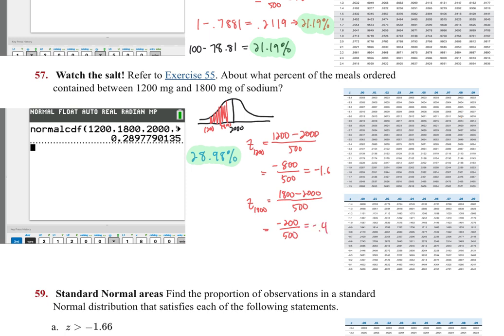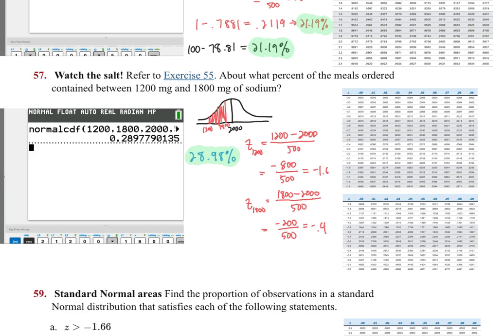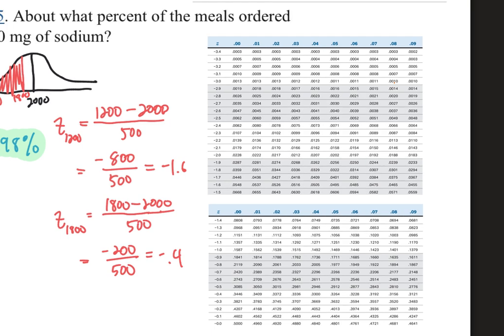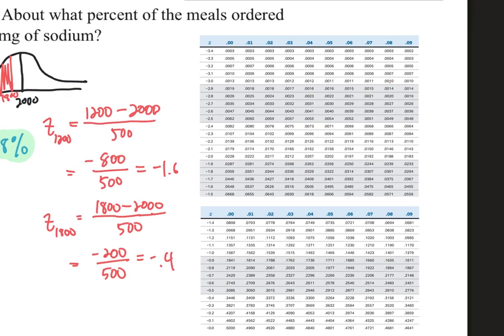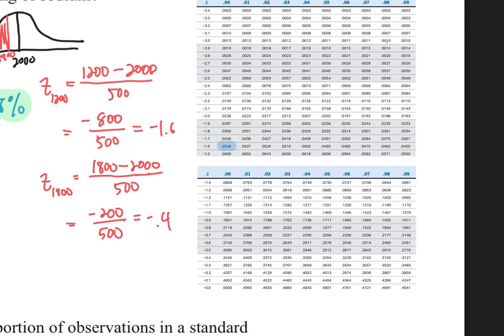Okay, and then for each of these, we'll go to table A. Okay, so for the negative 1.6 z-score, we'll find negative 1.60. So we're looking at that value there. And then for the negative 0.4, it's this one for negative 0.40. So it's that value there. Okay, and all we do is subtract those two values.